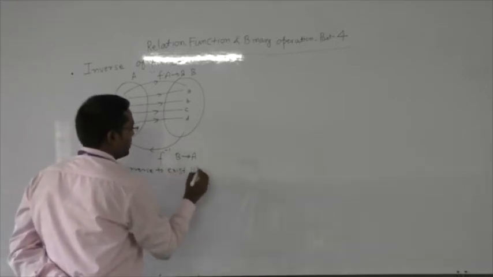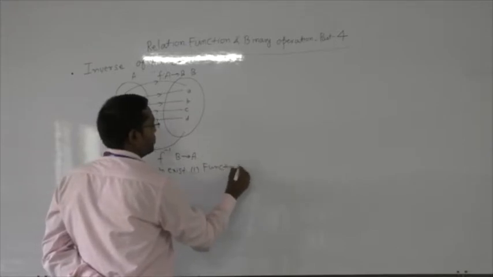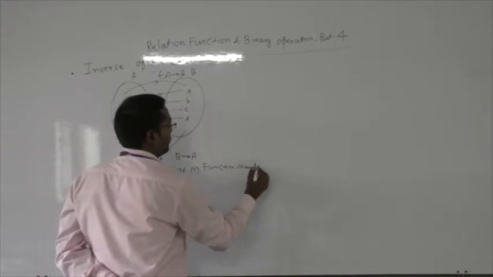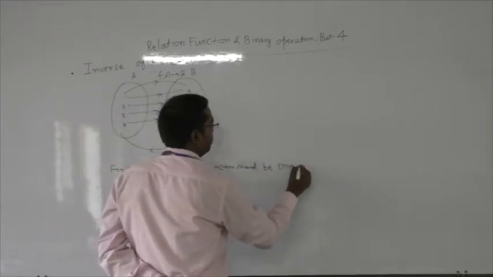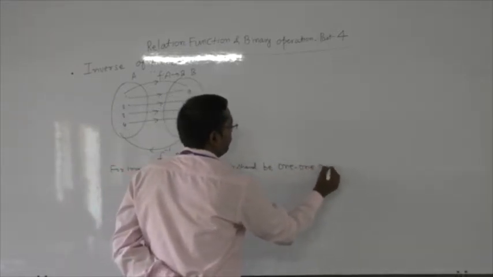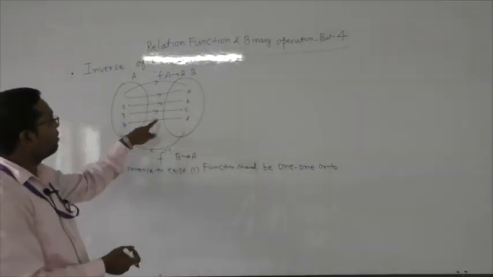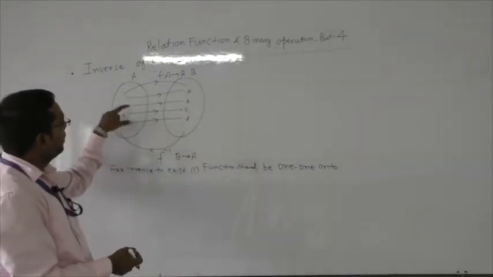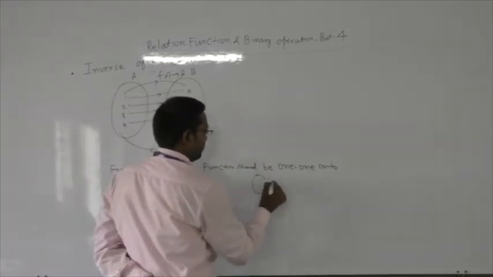Now for inverse to exist, the first condition is the function should be one-one onto. See why. If the function is not one-one onto, what will happen? Suppose we are getting the function like that.